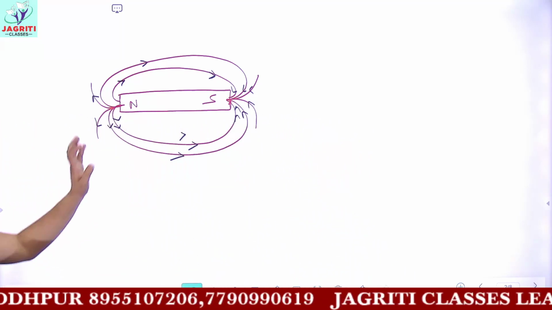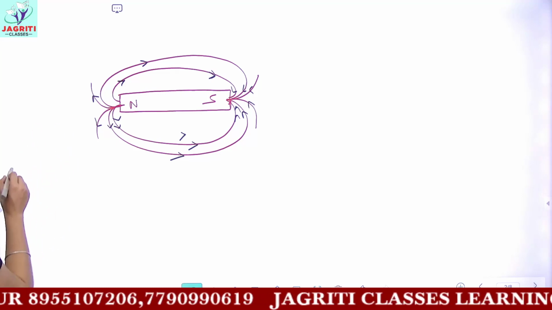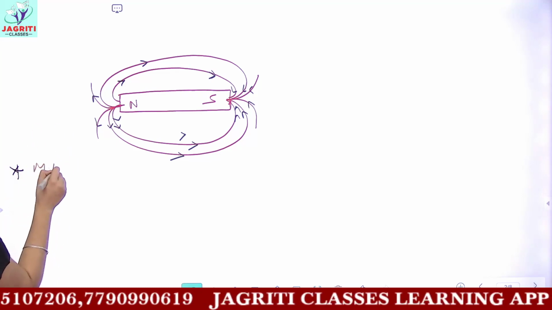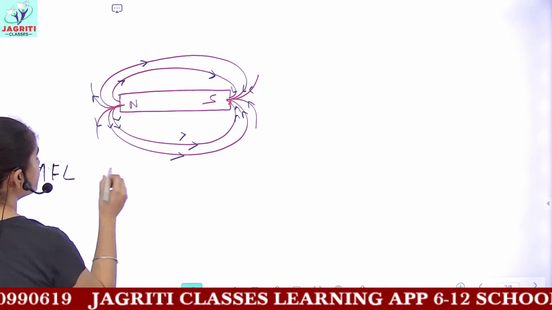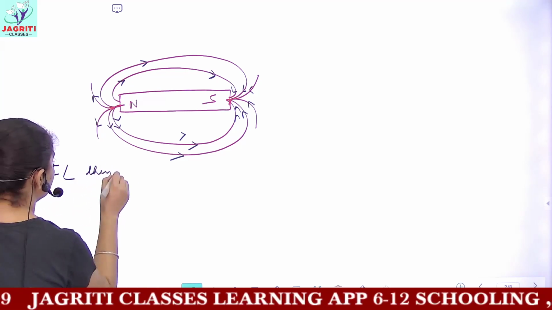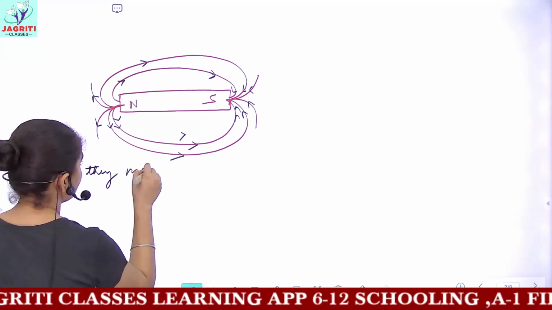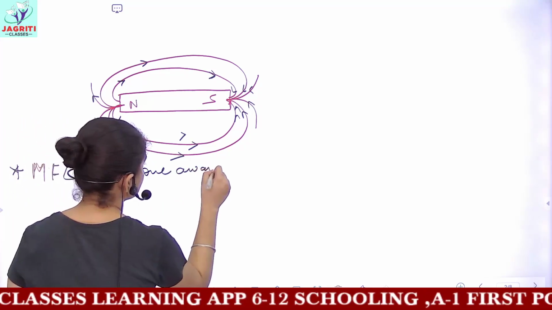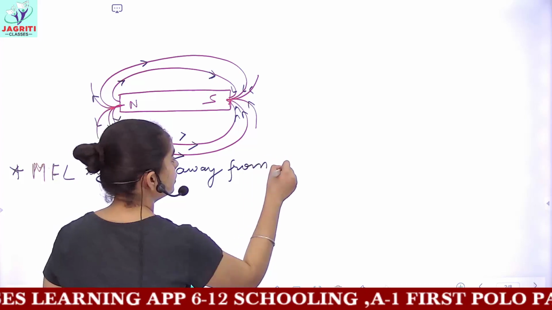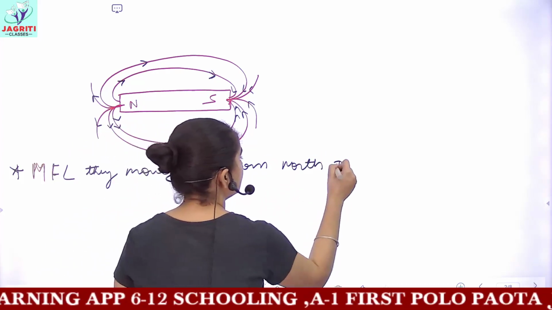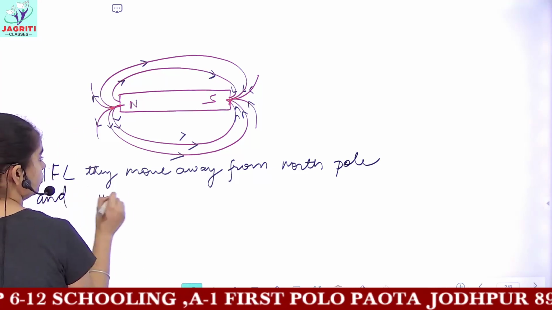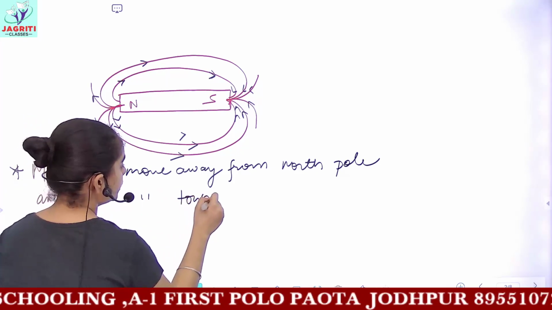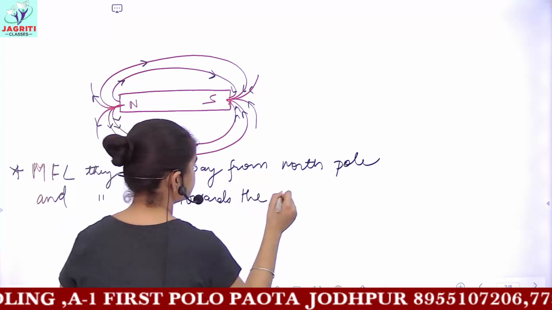So this is the direction of magnetic field lines, and we can conclude that magnetic field lines, which I abbreviated as MFL, always move away from the North Pole and move towards the South Pole.